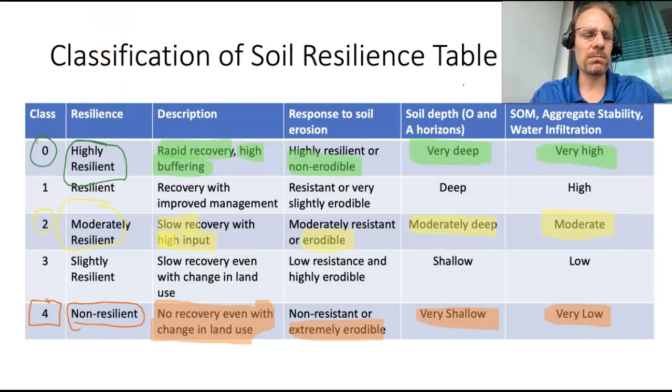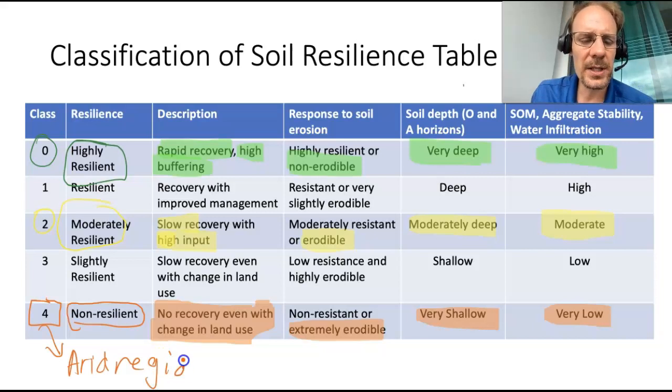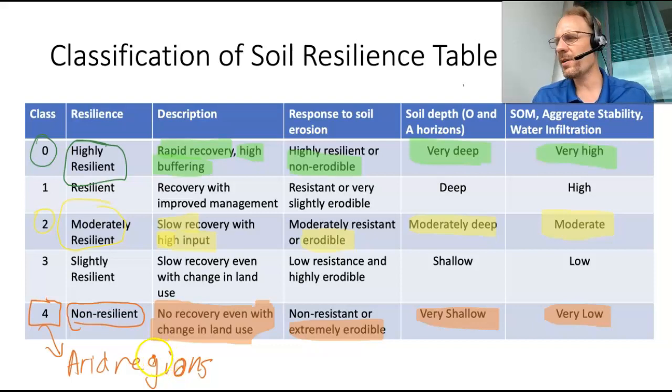In general, these soils are typically, and not always, from arid regions. And in many arid regions, soils cannot recover after disturbance because there's not the moisture or water there to support the plant growth and biological activities required for recovering.